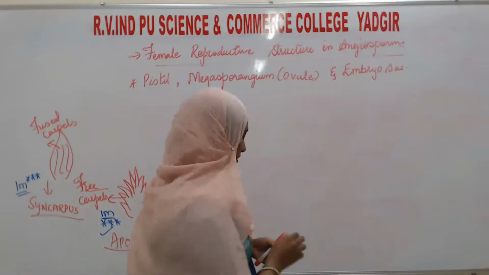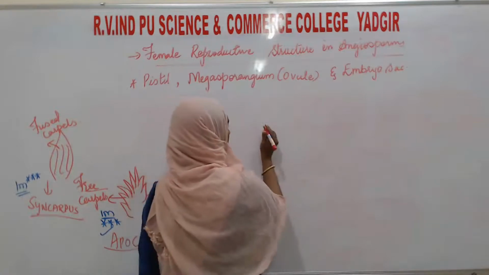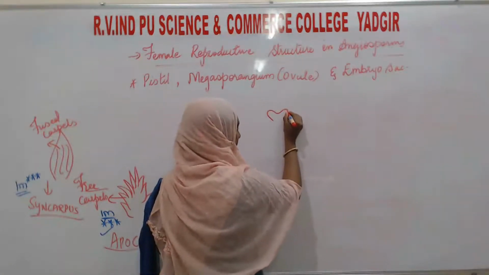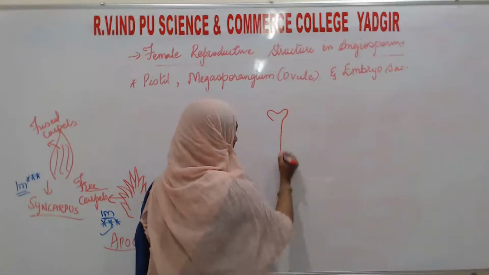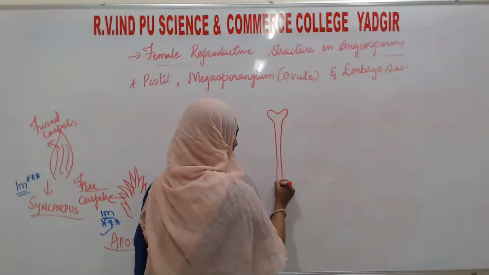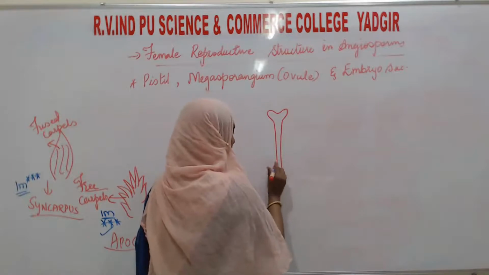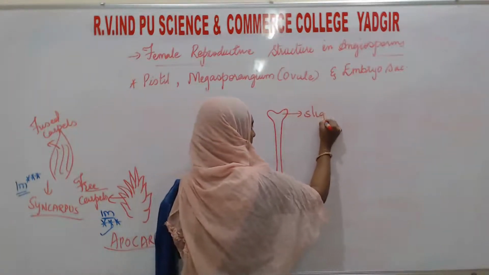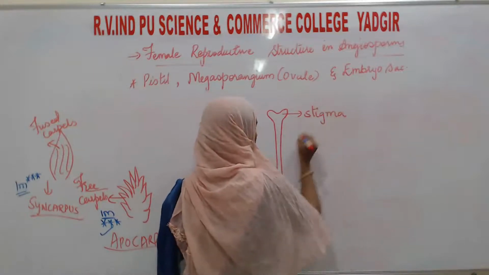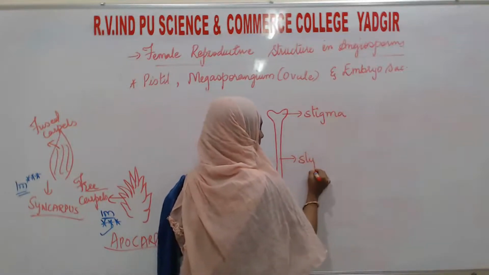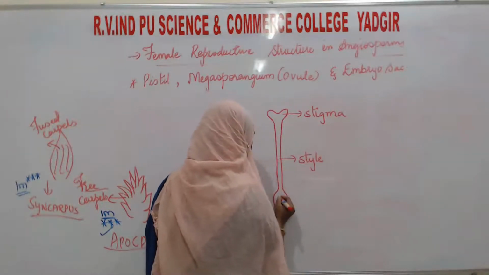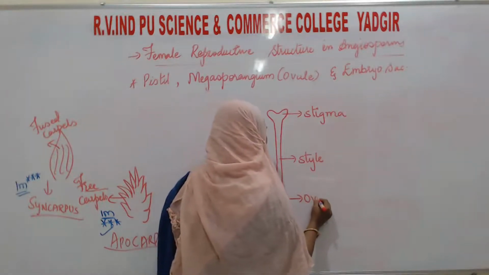See here, each carpel or gynoecium, which has a pistil, has 3 main regions. What are the 3 main regions? That is the stigma, style, and one more part, that is the ovary.